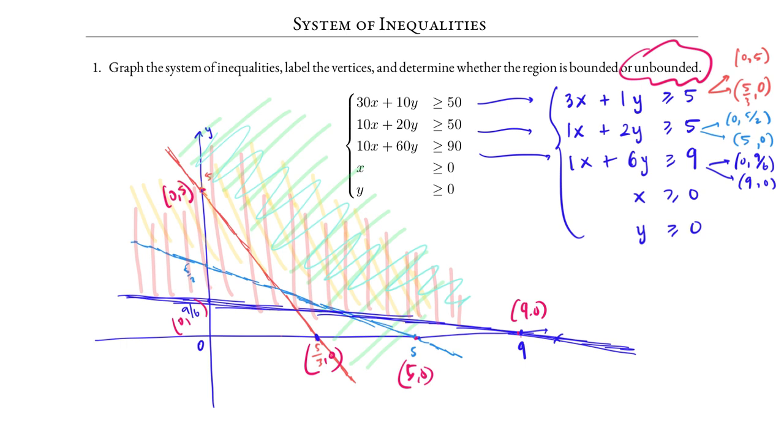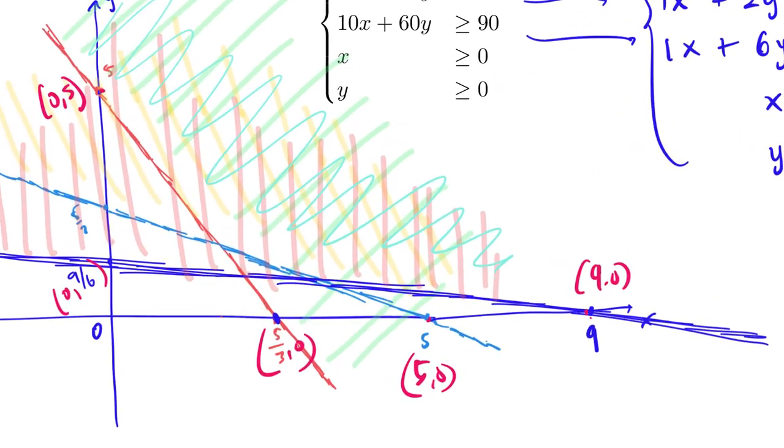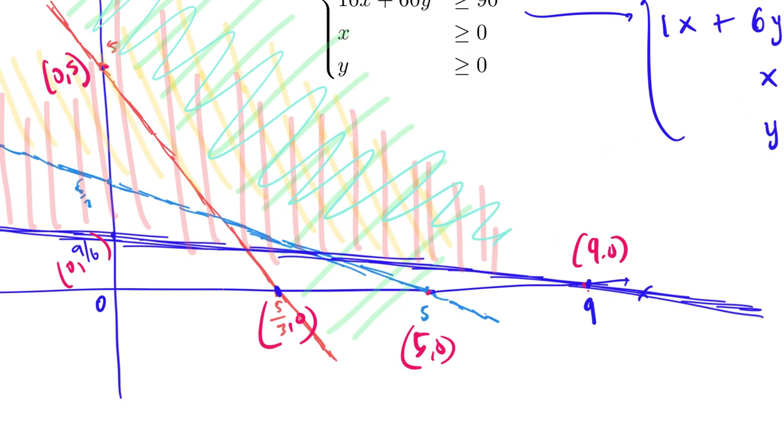And for any other vertices, we can find the intersection of the two corresponding lines. For example, this intersection is at x equals 1, y equals 2. This intersection is when x equals 1.235, y is 1.294. This intersection up here is when x equals 3, y equals 1.